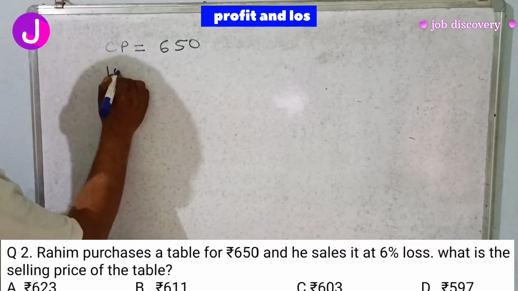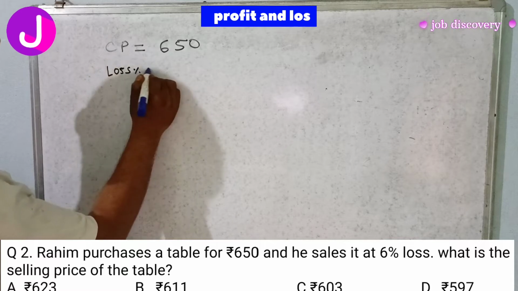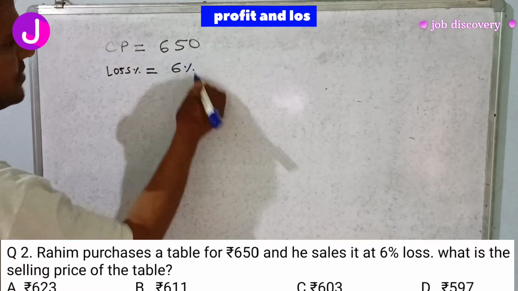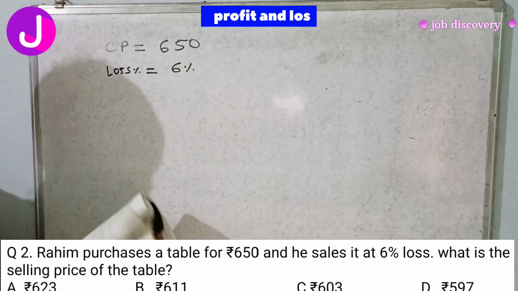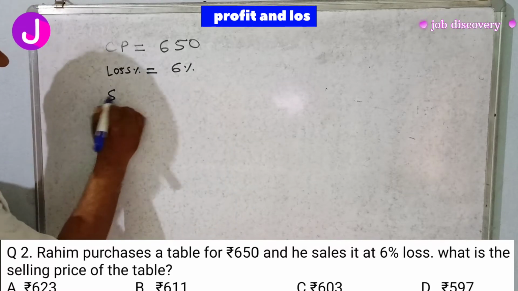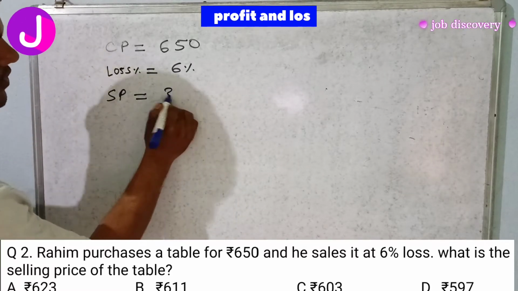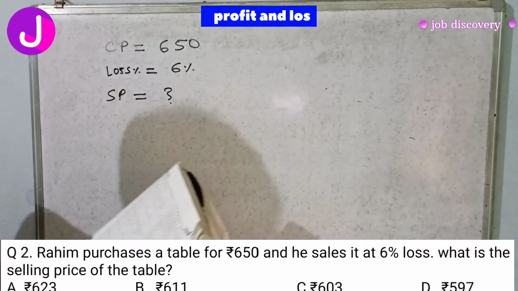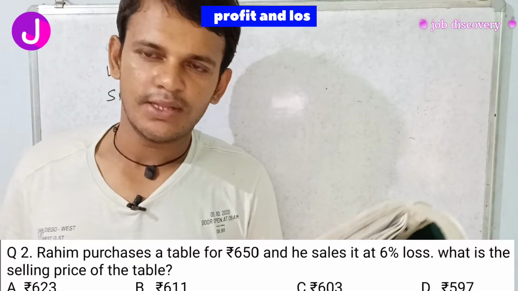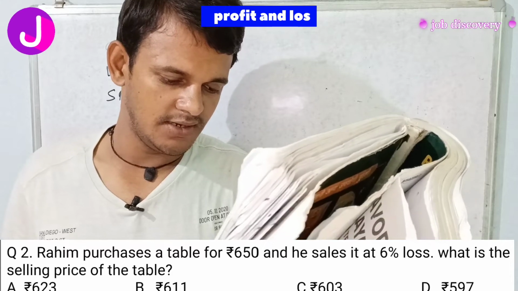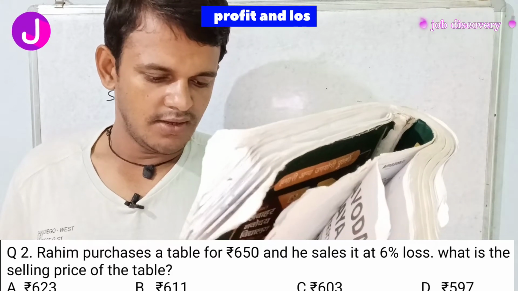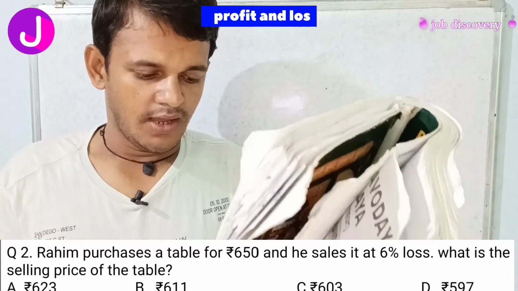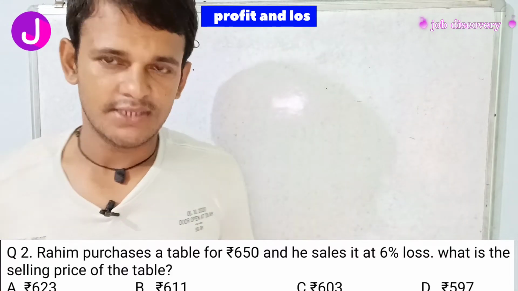Loss percent is equal to 6%. Our target is to find the selling price. There are 4 options given. Option A is 623. Option B is 611. Option C is 603. And option D is 597.